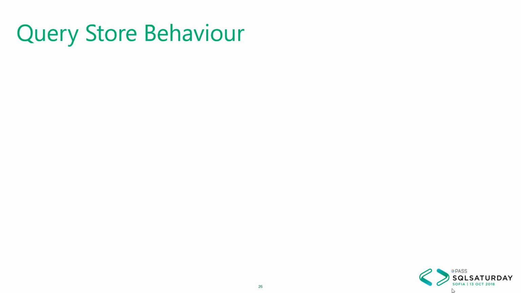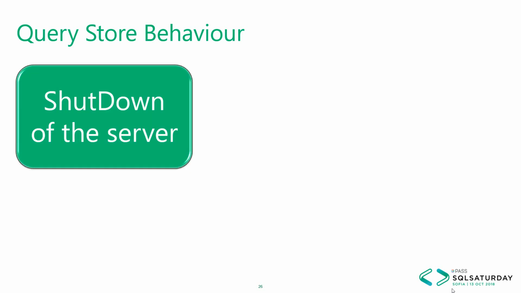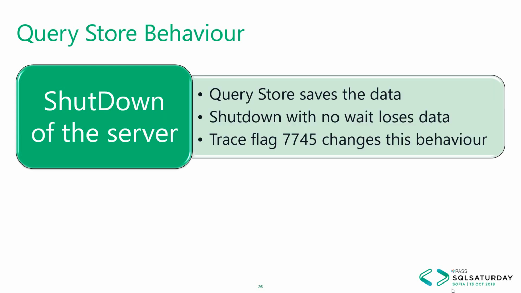Some query store behaviors. When the server is shutting down, what happens with query store? Query store saves the data when the server is shut down, unless the server receives a shutdown with no wait. In this case, query store will lose the data.